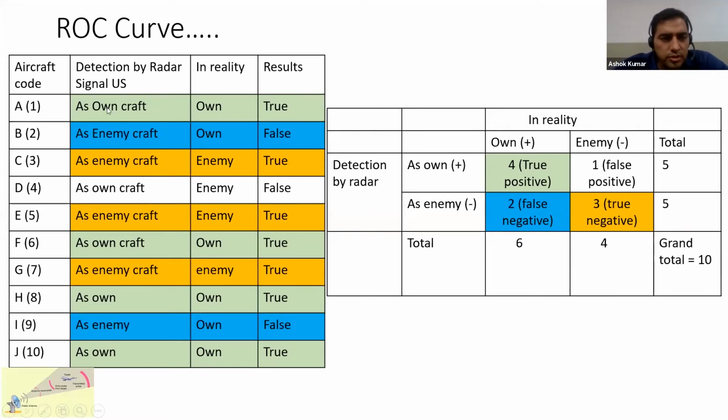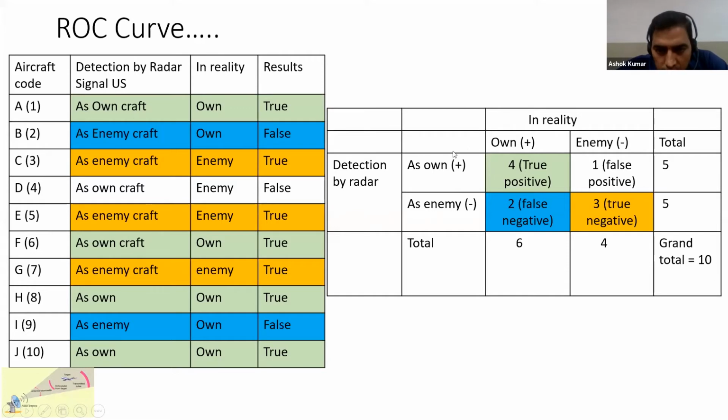Suppose I have put this in a reality 2 by 2 table here. In reality, own craft is positive and enemy is negative, and detected by radar, own craft is positive and enemy is negative. So in the first aircraft, it is an own aircraft and in reality it is own, so that is true.